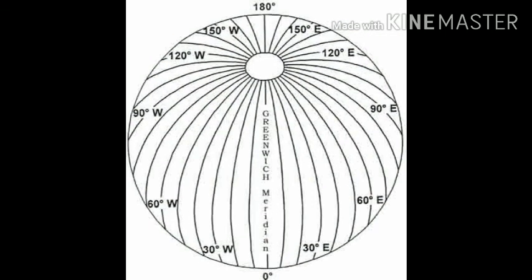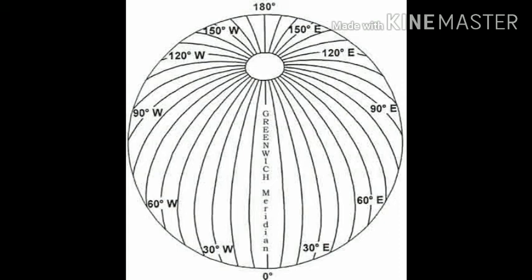The next topic which we are going to study is meridians of longitudes. Meridians of longitudes are the vertical lines present on the surface of the earth. One meridian of longitude, which is present at the center, divides the earth equally into two parts, but it is divided vertically.